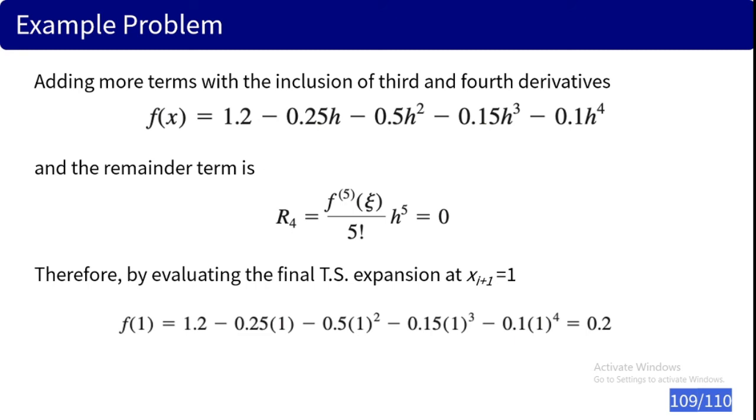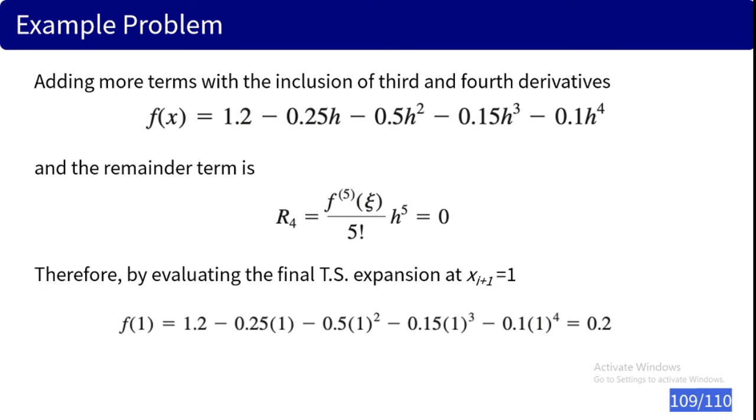So, by evaluating the final Taylor series expansion at x sub i plus 1, I guess you have already derived this expression for the fourth order approximation. Evaluate it using x equal to 1.